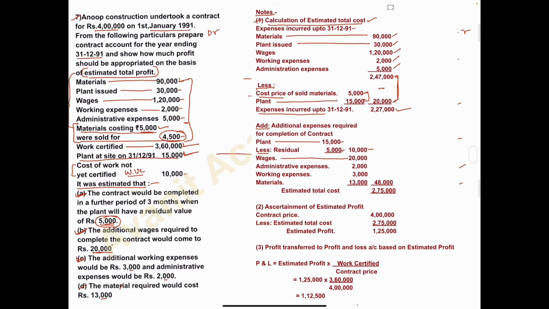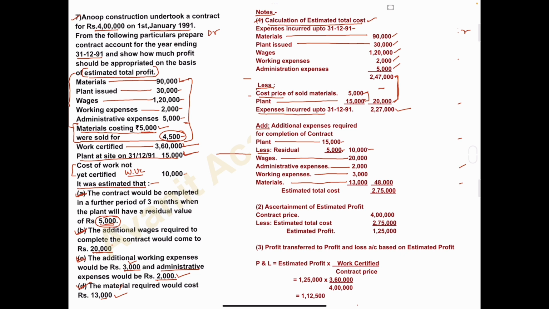Then point C, the additional working expenses would be 3,000 and administrative expenses rupees 2,000. So the administrative expenses is 2,000 and working expenses is 3,000. And the last point D, the material required would cost rupees 13,000.